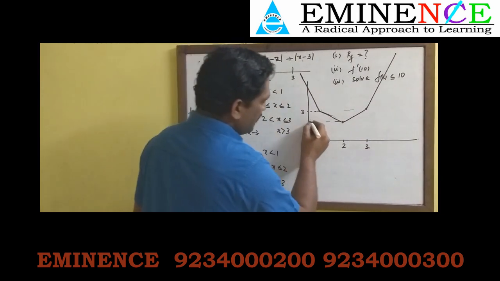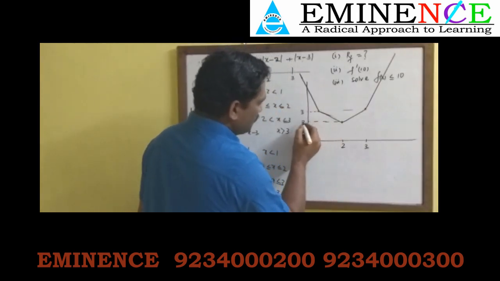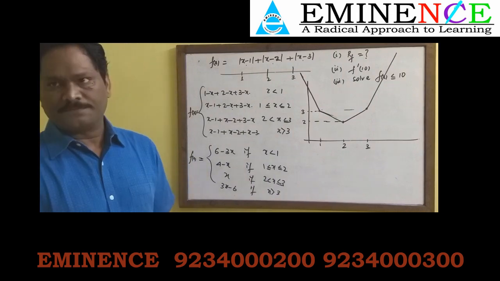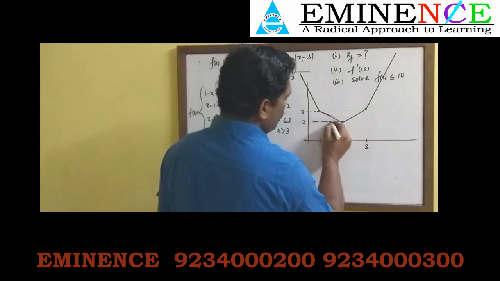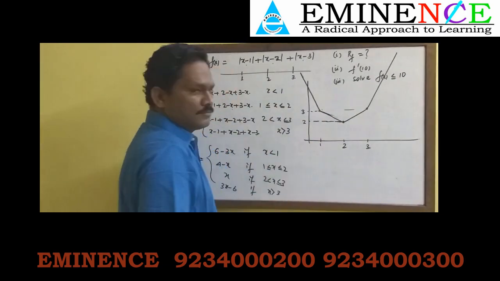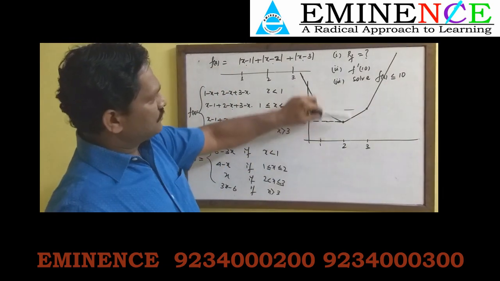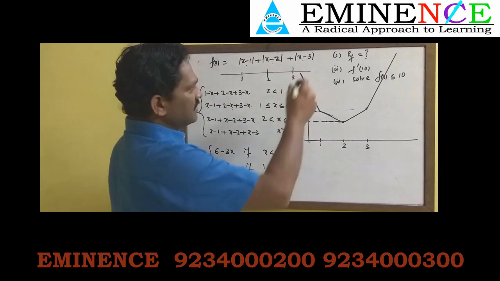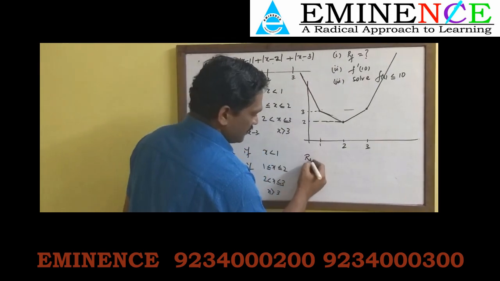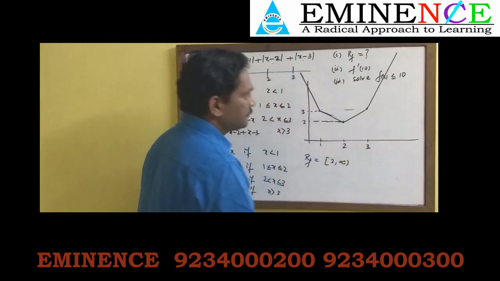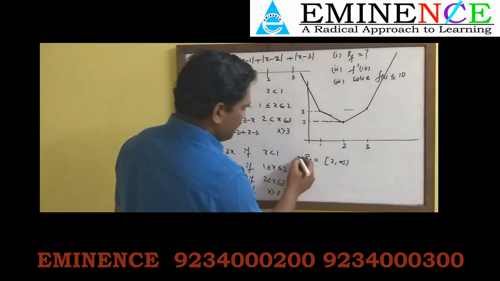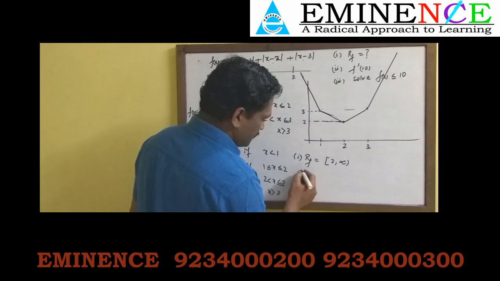So if this is the kind of graph it forms, what is the lowest value that you can see? The lowest value that this function is giving you, the lowest value of y, is 2. Otherwise, it always gives you a higher value. So if I ask what is the range of the function, it will be simply 2 to infinity. And so that's the answer to your first question.